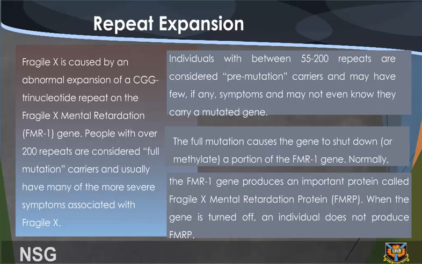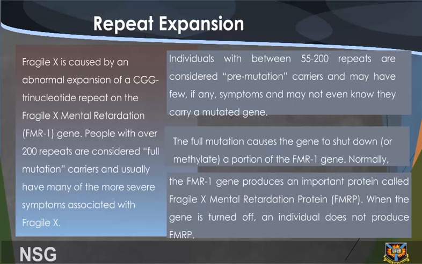People with over 200 repeats are considered full mutation carriers and usually have many of the more severe symptoms associated with Fragile X. Individuals with between 55 to 200 repeats are considered pre-mutation carriers and may have few, if any, symptoms and may not even know they carry a mutated gene.